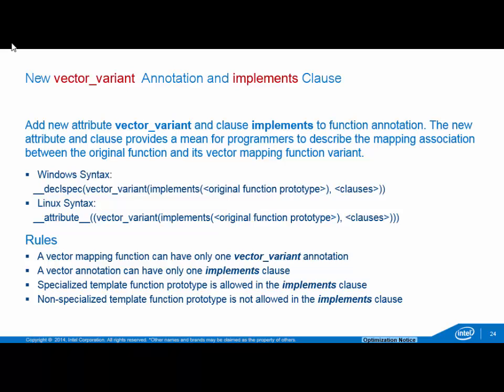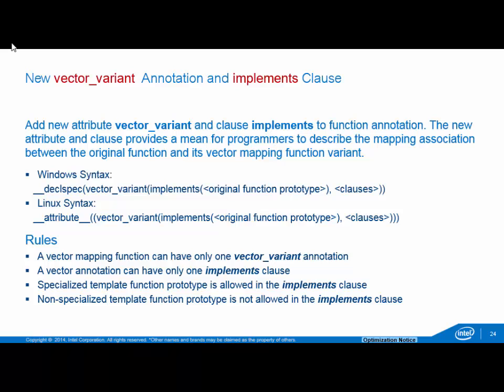Of course, there's a whole bunch of clauses for that, right? When you replace a scalar function with the vector function, there's a signature match, and a whole bunch of technology needs to happen to get the right vector version. So that's pretty much the syntax for associating the user-provided vector variant function back to the original scalar function.